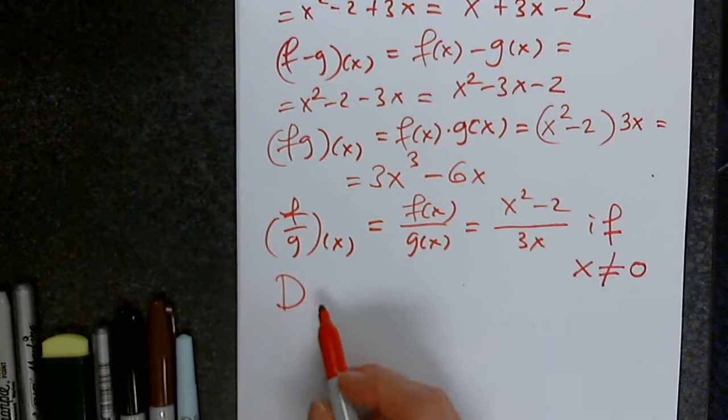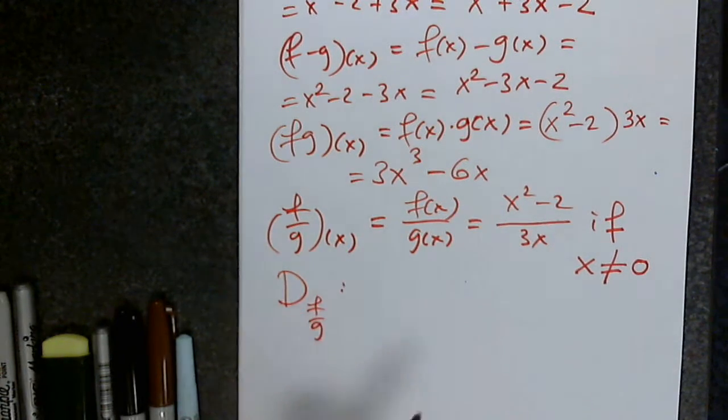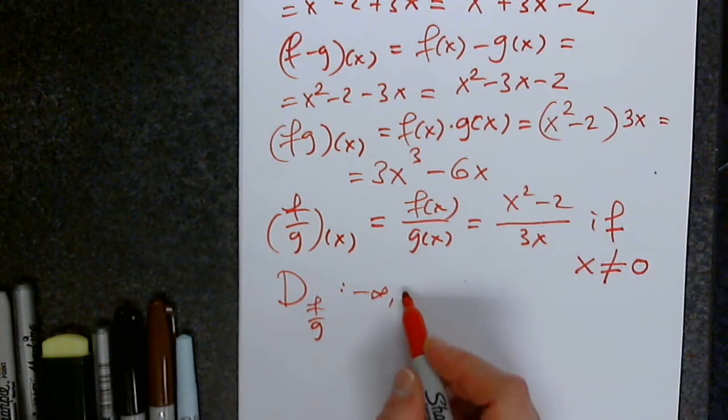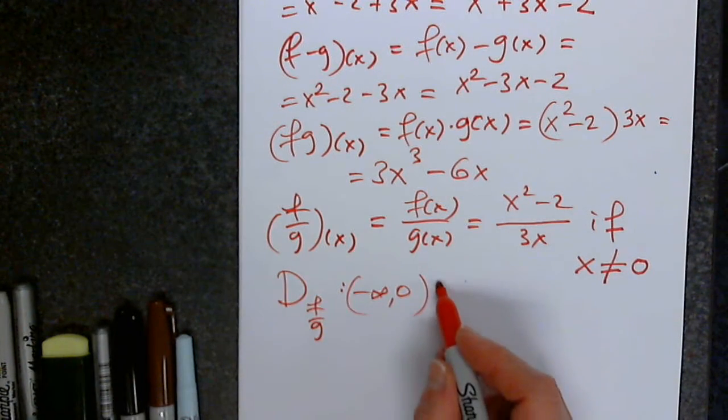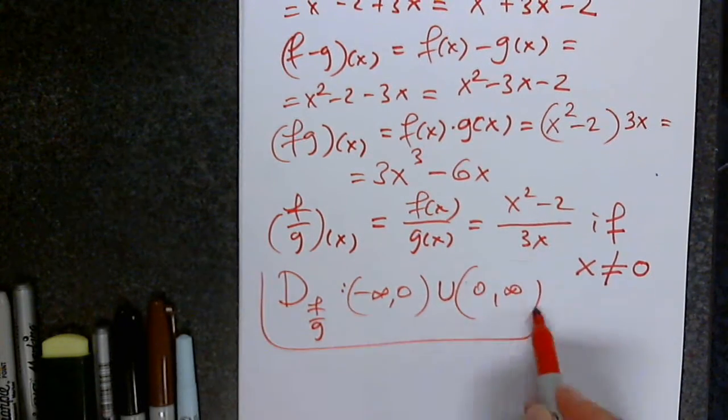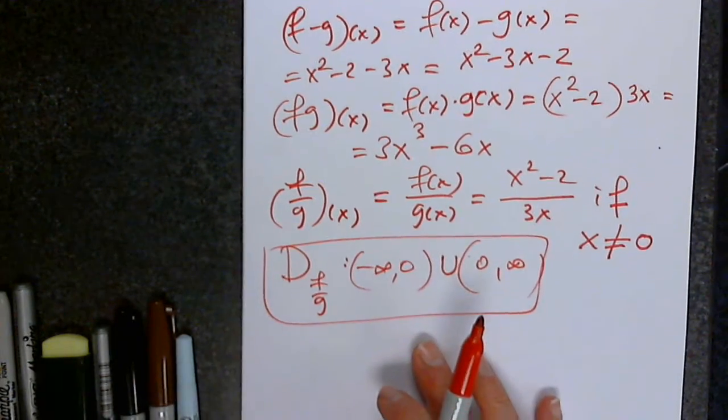So what is the domain of the ratio? From the common domain, I have to pull out what? 0. Yes. So negative infinity comma 0 union 0 to infinity. Very good.